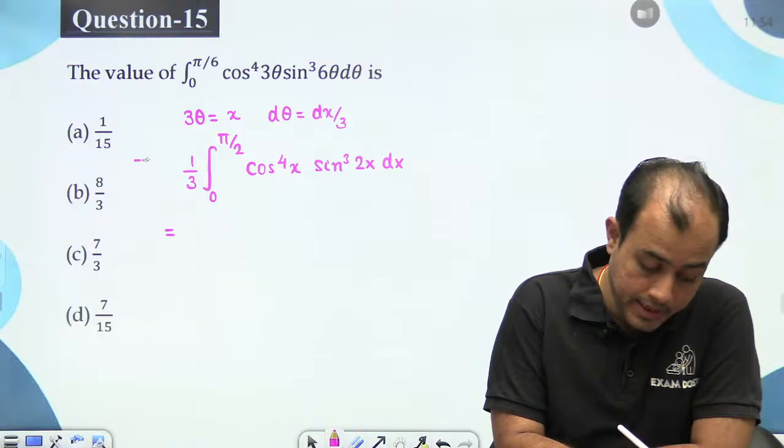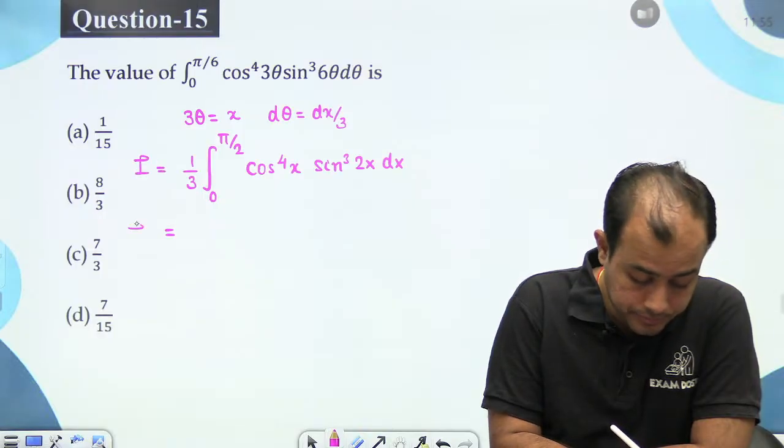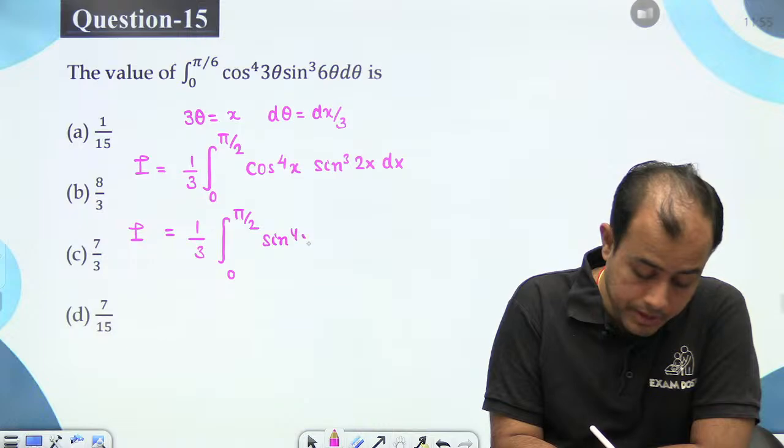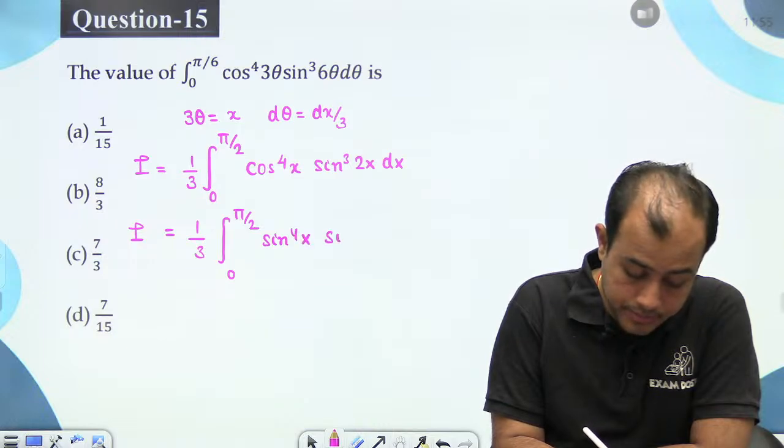Now I will apply the property of f of a minus x. Cos pi by 4 minus x is sine.